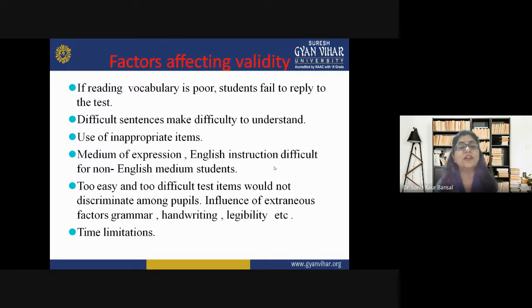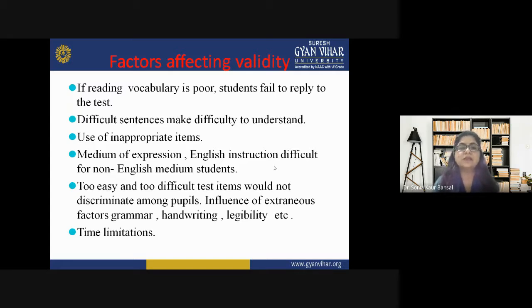And then secondly, difficult sentences make it difficult to understand. So it is always advisable for test constructors to create the test in legible and very clear language, so that the sentences are not difficult to understand for the students or respondents they are targeting.